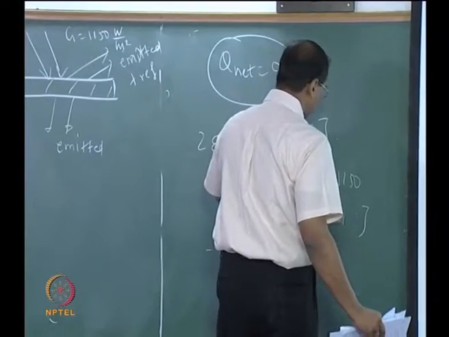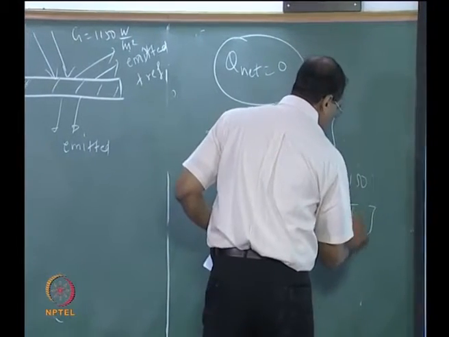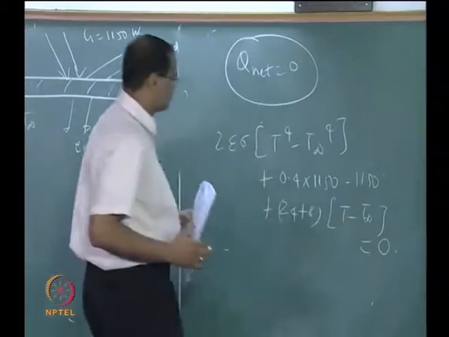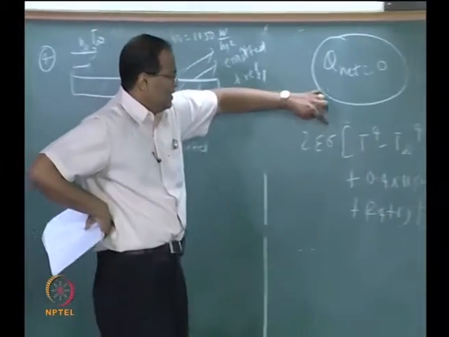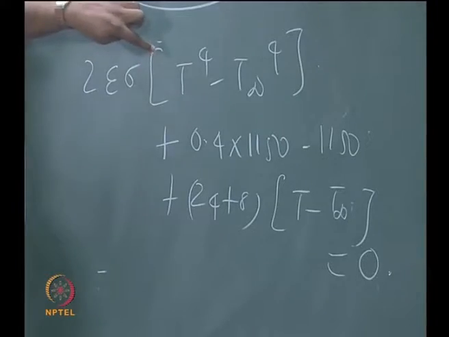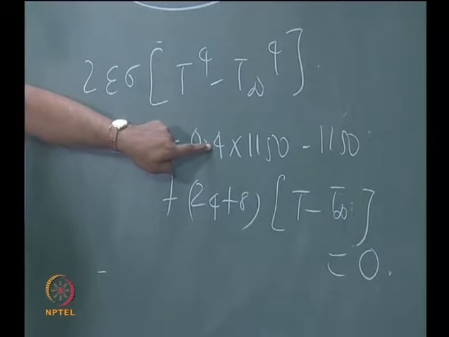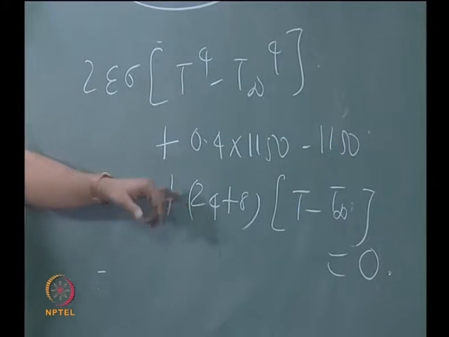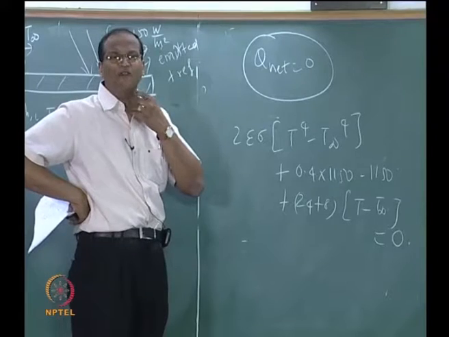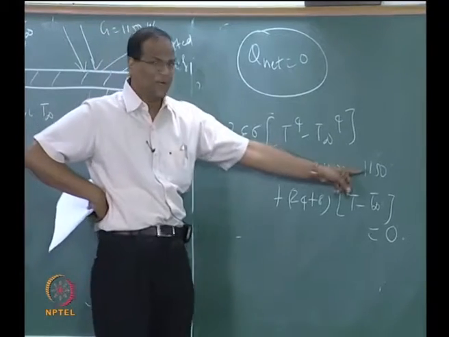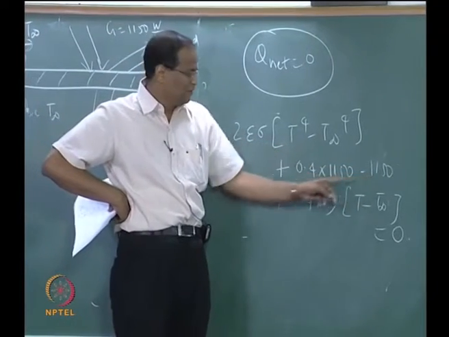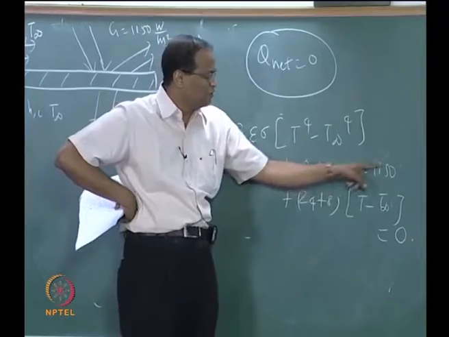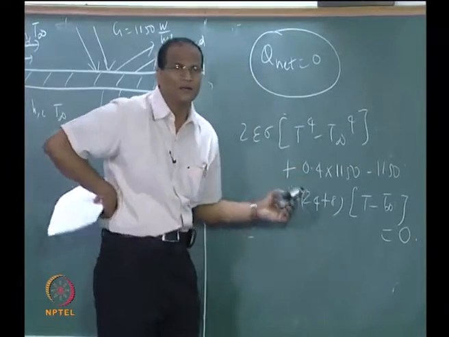I will just put T infinity first equal to 0. The net emitted plus whatever is reflected minus whatever is incident plus whatever is convected must be equal to 0. If everything is going out, where is the source? The source is this minus 1150. Rather 0.4 into 1150 minus 1150.